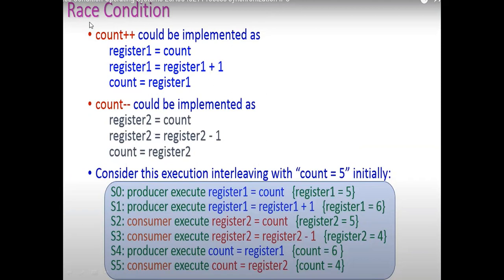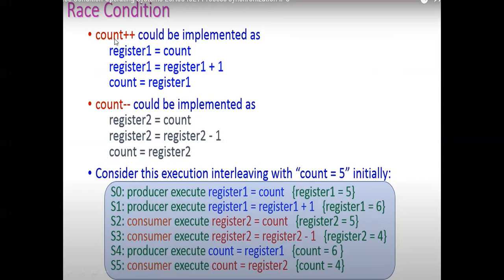So here, as we have seen earlier, there is a separate portion for the producer process as well as the consumer process. The count is an integer variable which is incremented when the producer produces a new item in the buffer.